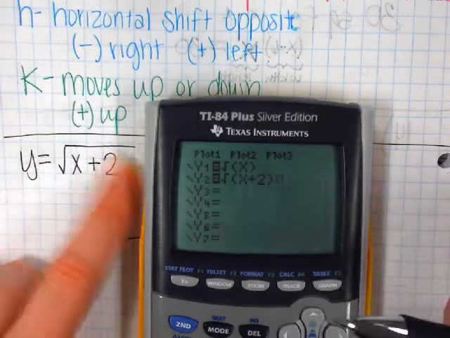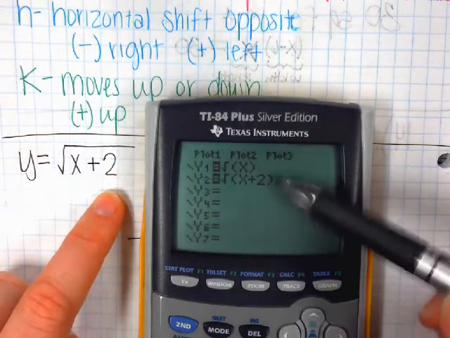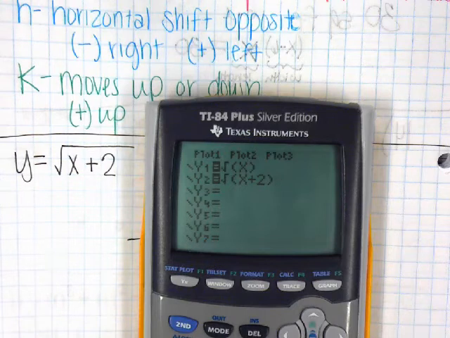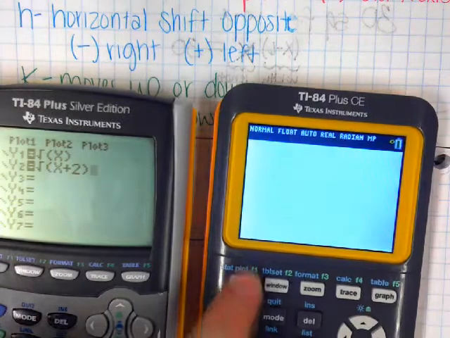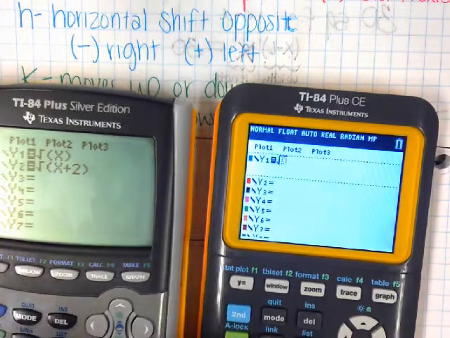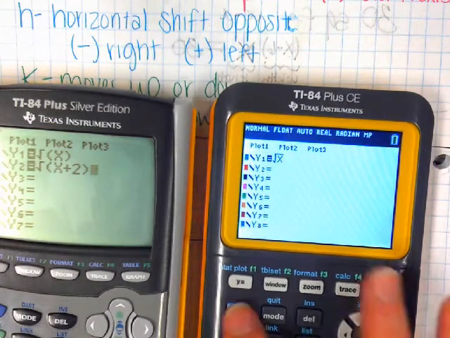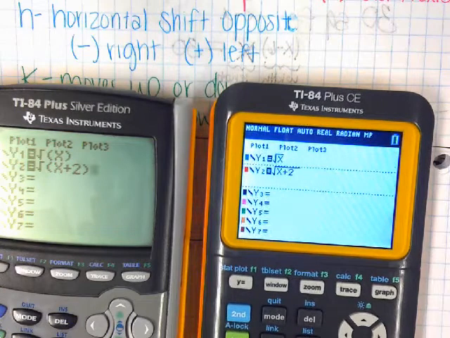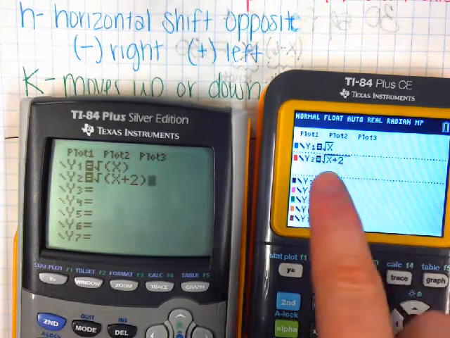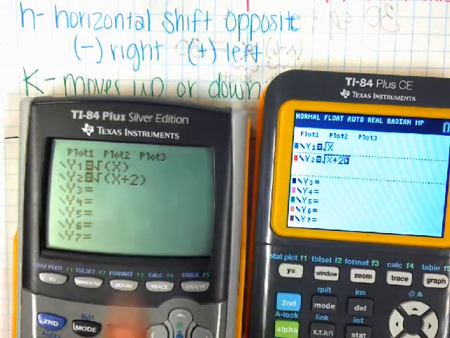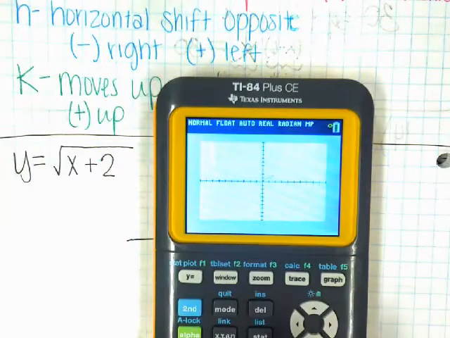Make sure that since it is underneath the square root, you put it in the parentheses. I think that these colored screen calculators are a little bit different, so I'm going to do it just to make sure. So square root of just x, and then the square root of x plus 2. That's how you type them in on the 2 different calculators. This one automatically puts it underneath the square root. This one you have to close the parentheses.